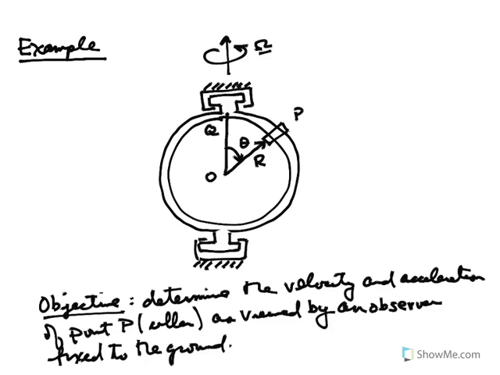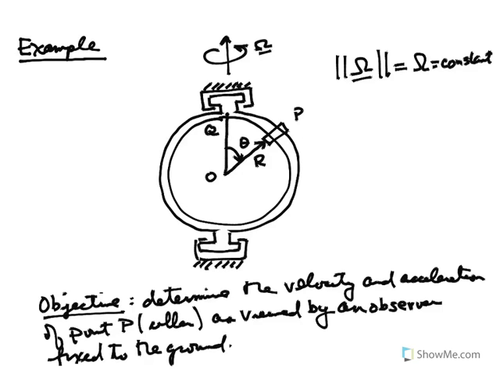Now, in order to make this problem just a little bit more tractable, we're going to assume that the magnitude of omega is equal to a constant, so that we don't have to deal with the rates of change of omega in the problem.